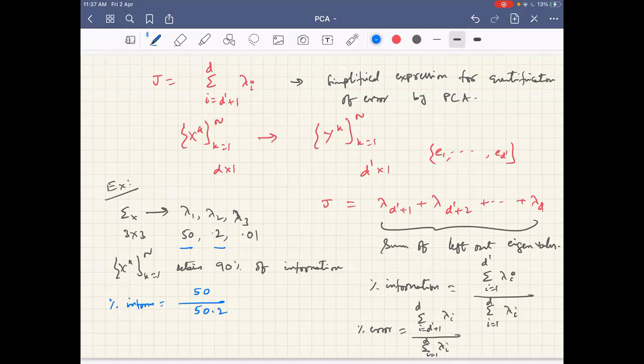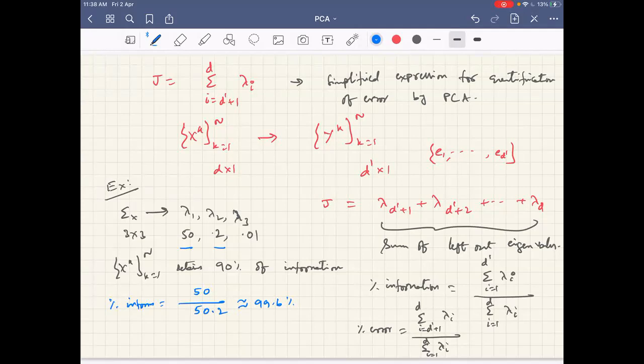If this is greater than 90, it means that it is enough to consider the first eigenvalue itself. No need to consider the next 2 eigenvalues. So it appears that this is greater than 90, roughly close to 99.6%. So the projection by the first principal component alone captures 99.6% of the information.